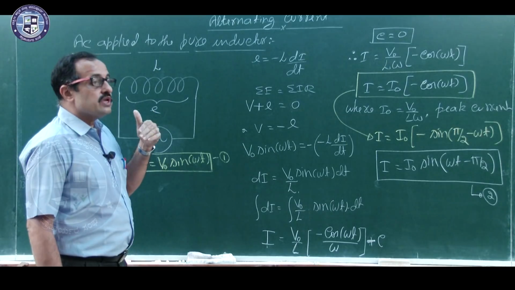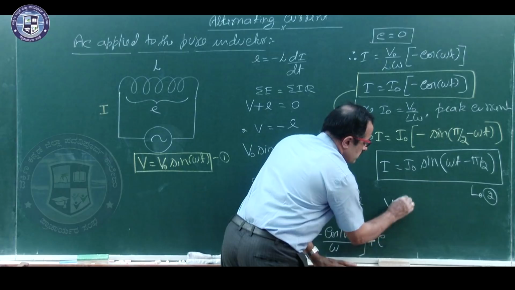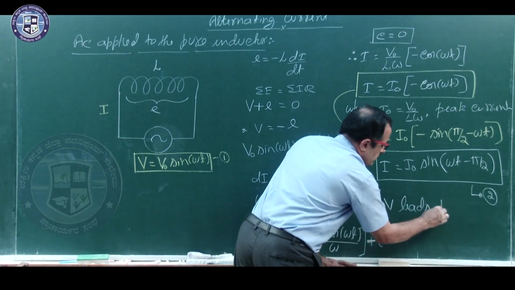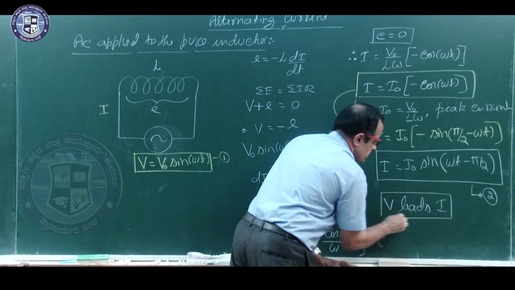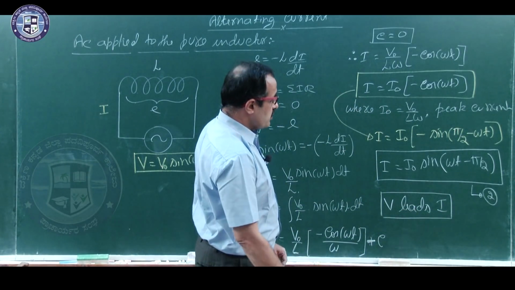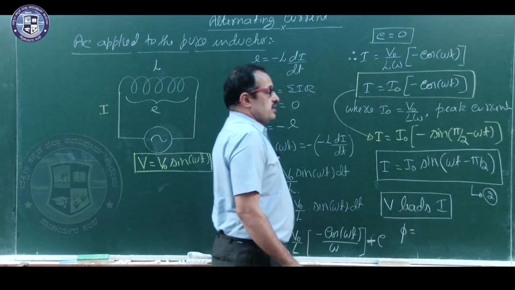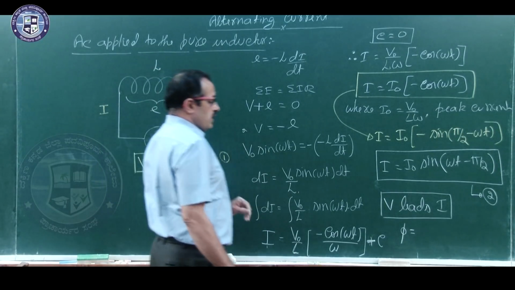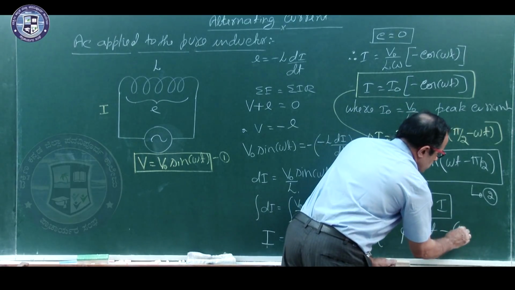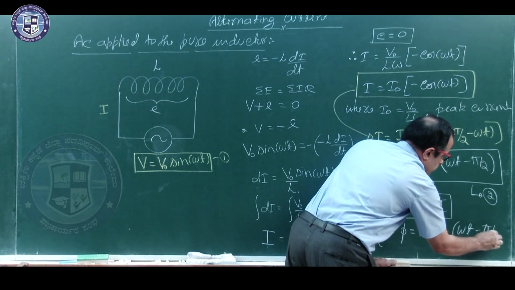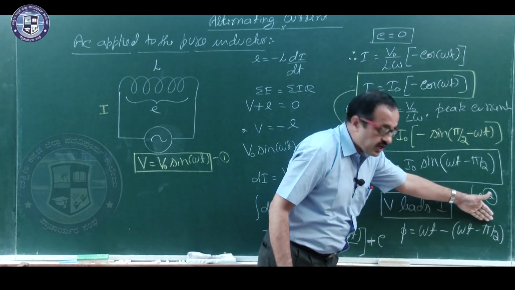Therefore, now which one is leading? V leads I. By how much? So, we find out phase difference. Phase difference is nothing but omega t minus omega t minus pi by 2, phase angle of voltage minus phase angle of current.